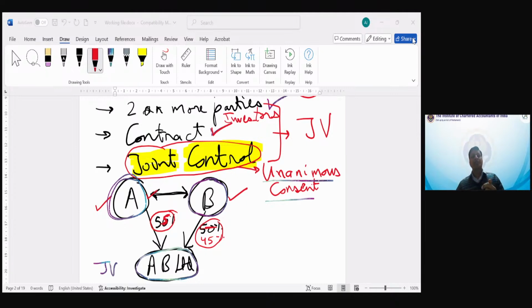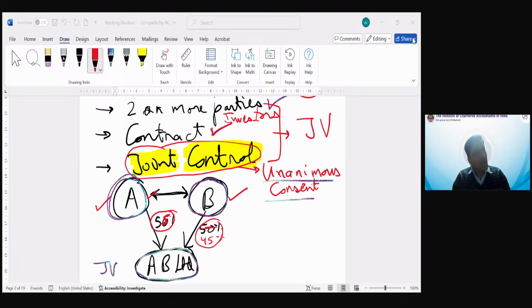Like we just discussed, their profit sharing could be different. But what has to be the same is what you call consent, the right to take the decision. That has to be equal. Only and only when the right to take the decision is equal, that is when you will call it a JV. Otherwise, it will not be called a JV.